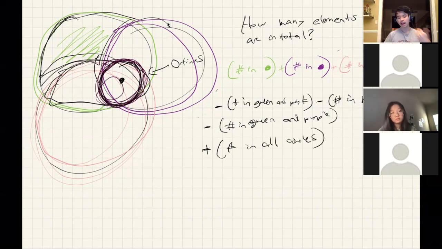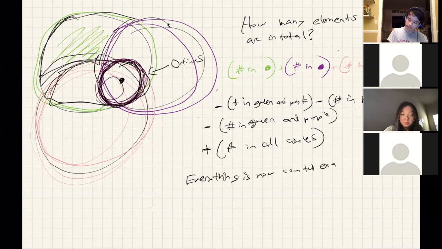Now that we've added it back, we'll see that finally everything is counted exactly once. Everything only in the green circle is counted exactly once.